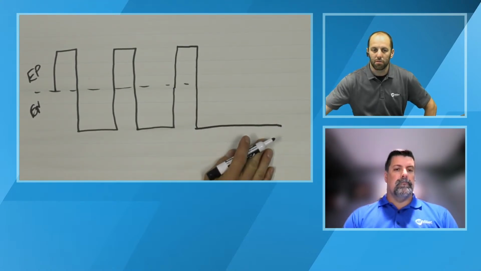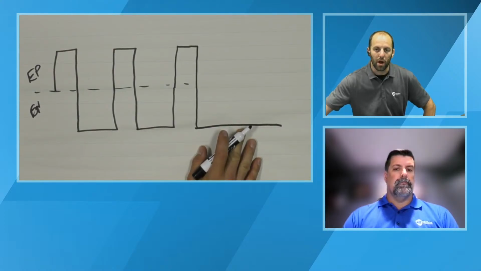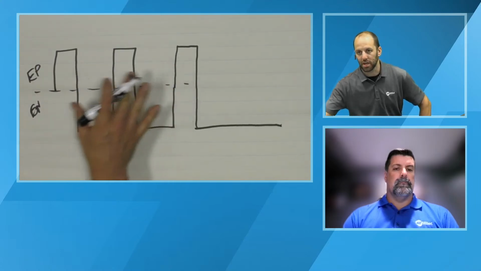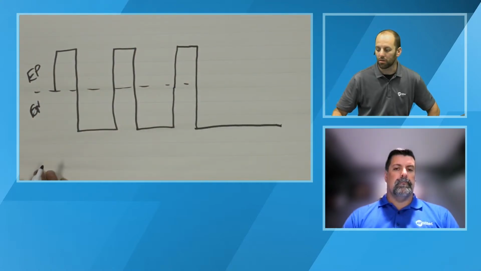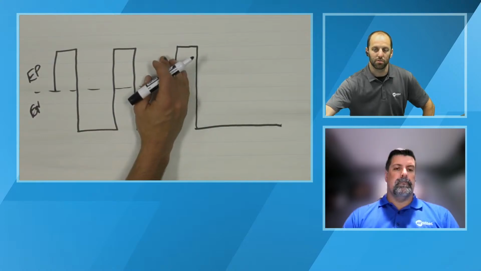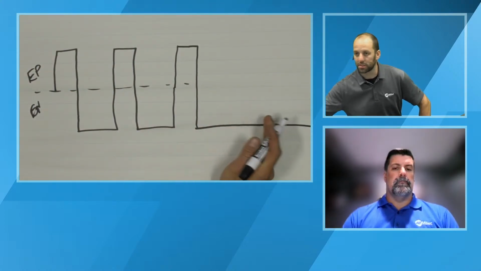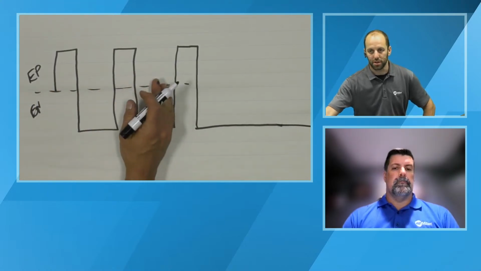Extended periods of electrode negative welding, and then again switching back to, if you think of this as kind of like a repeat continuous cycle, we have a couple hits of alternating current. We switch to electrode negative for a period of time, and then we switch back to alternating current.